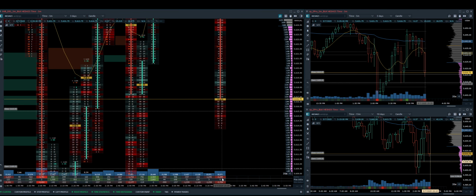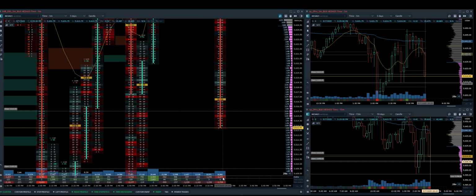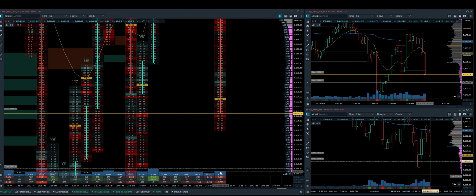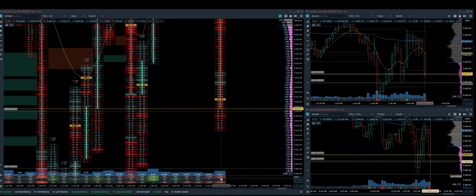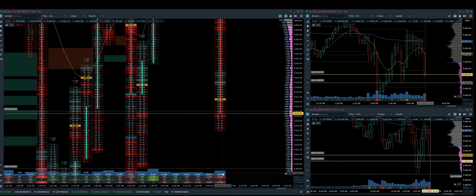Take a look at the delta. We're becoming more negative. Now, toward the end of this candle, we want to see if something happens here. Do we get a lot of volume and delta starts decreasing? Do we go to 2,200 negative with 20,000 trades?